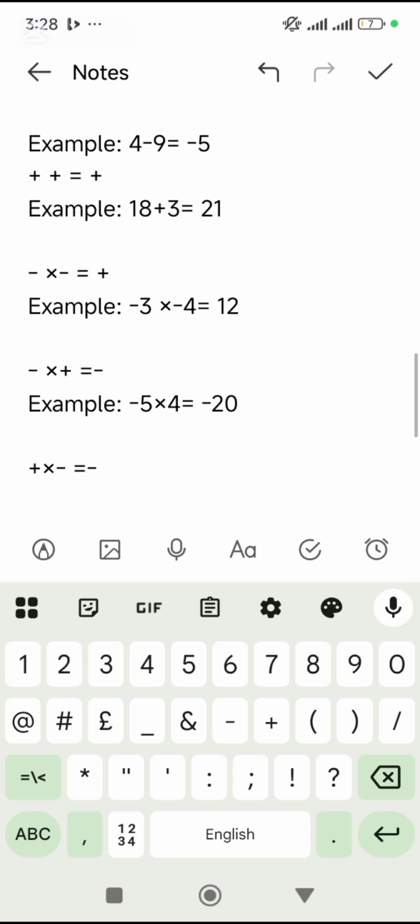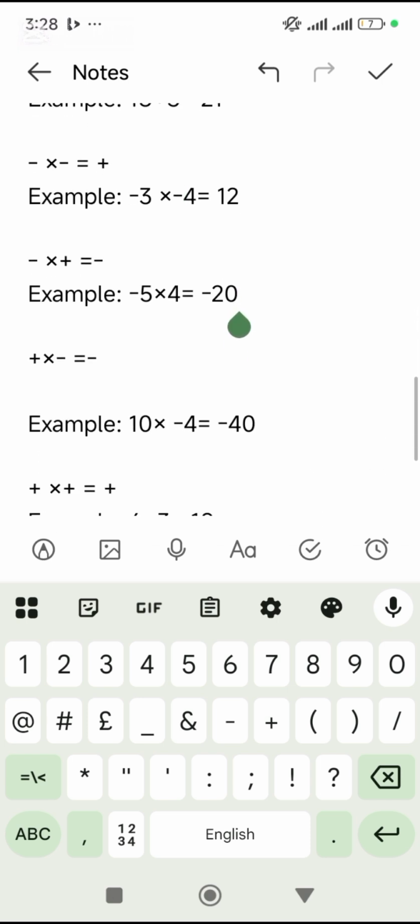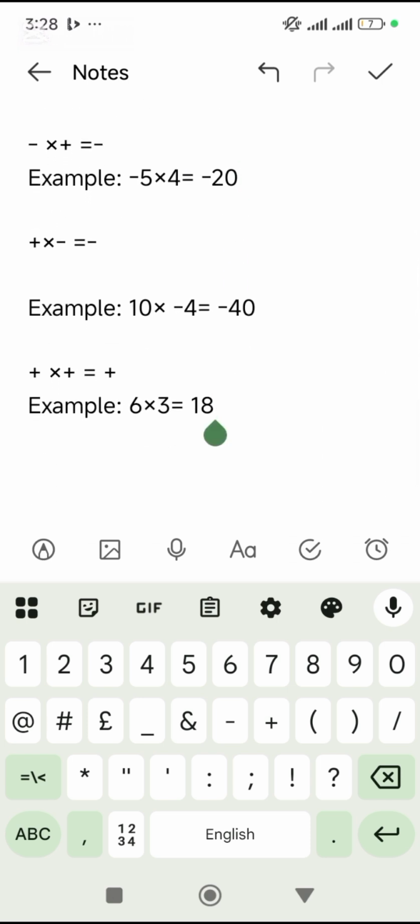Let's see on the multiplication, how many have we done? We have 1, 2, 3, 4. Okay, so these are some of the things you see when you start talking about signs on numbers.